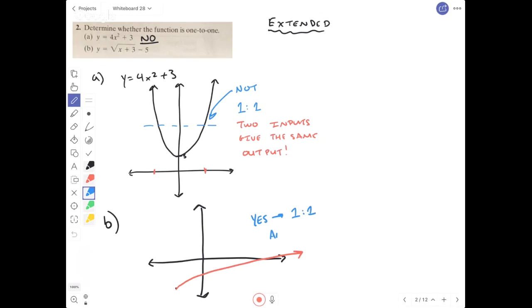It is always increasing. So I can go back here and say, yes. In this function, every input has exactly one output, and every output has exactly one input.